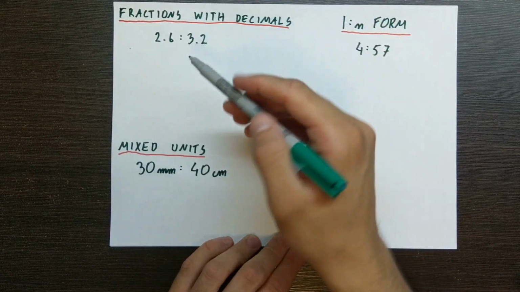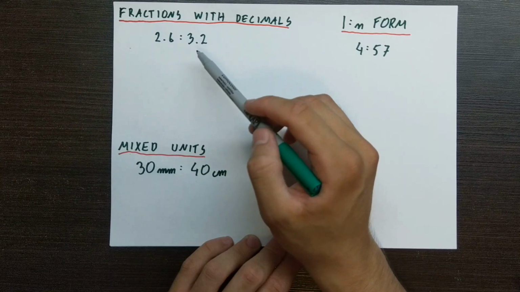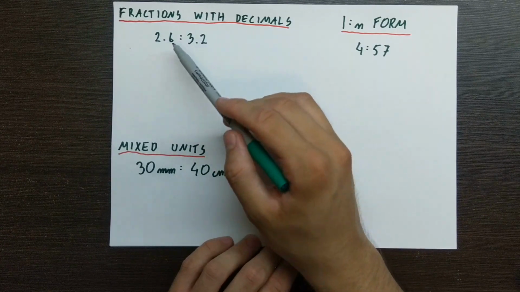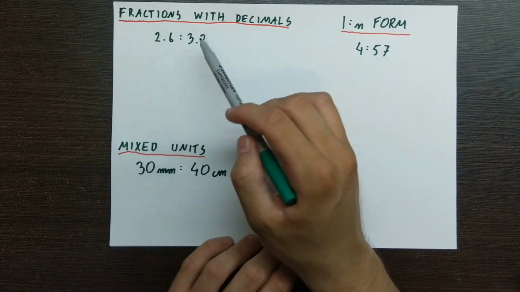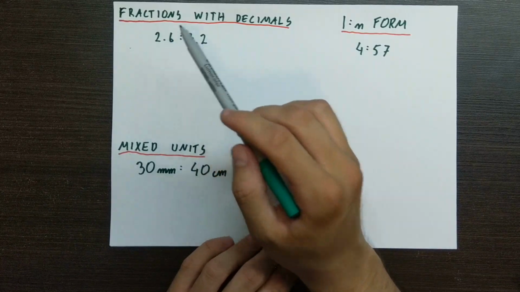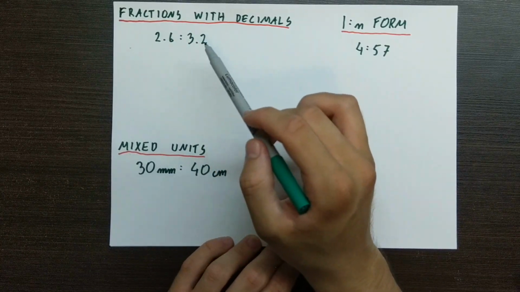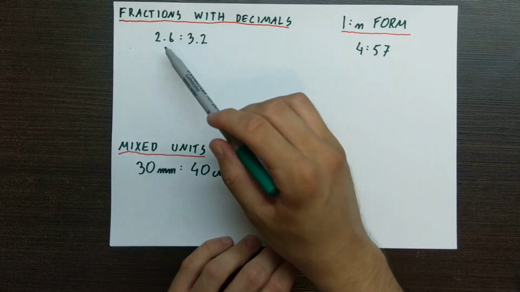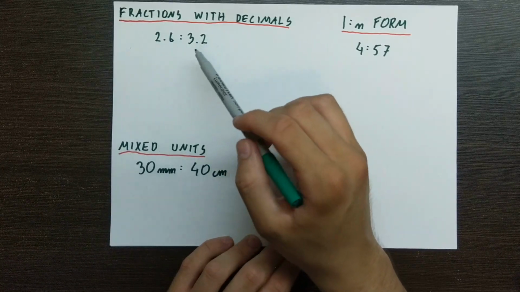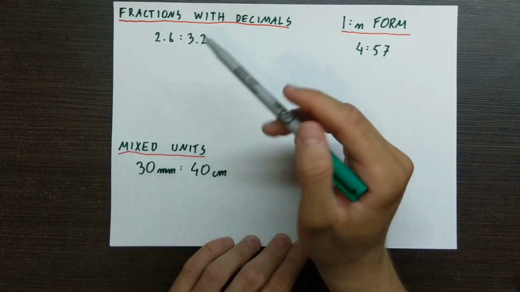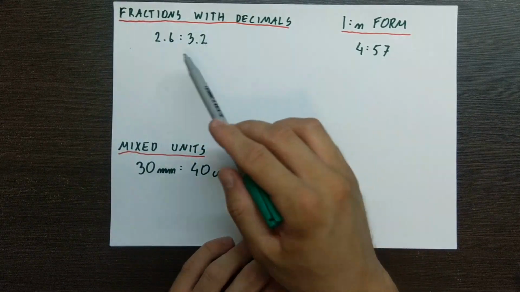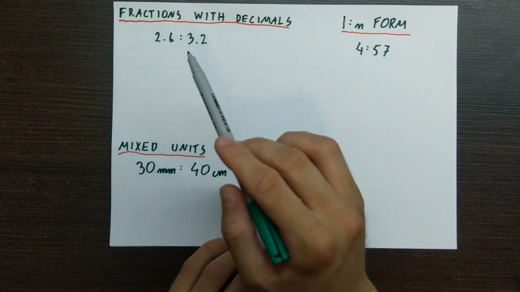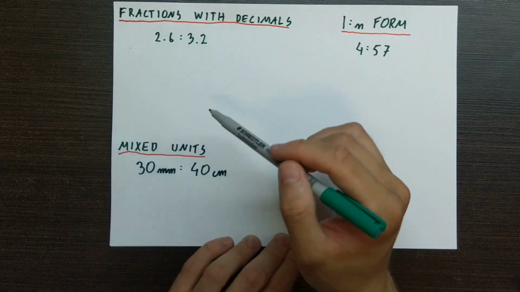So what we're gonna try to do here is multiply so that we get two non-decimal numbers, or divide to get two non-decimal numbers. How on earth do you know which number to multiply by or which number to divide by? Well, you can try and figure this out, but I got a trick that will work every time, and it's really, really simple.